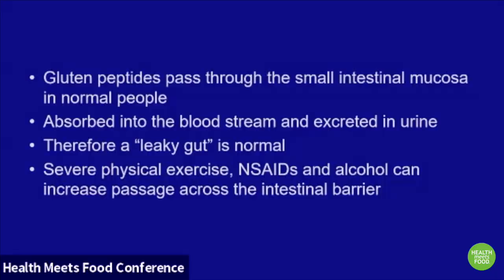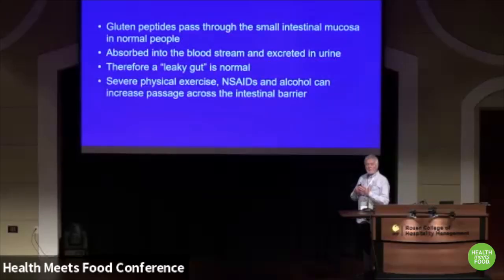Well, that's how we survive. That's how our immune system knows that a protein is foreign but allows us to tolerate it. And it's been well shown that if you give alcohol or NSAIDs or severe physical exercise, that leakiness will increase.